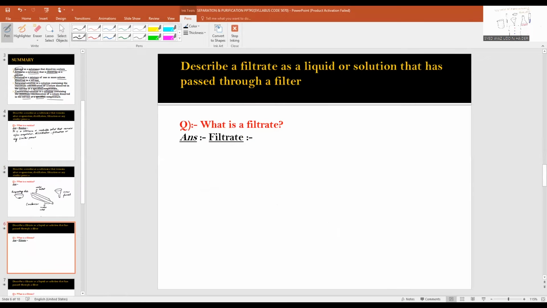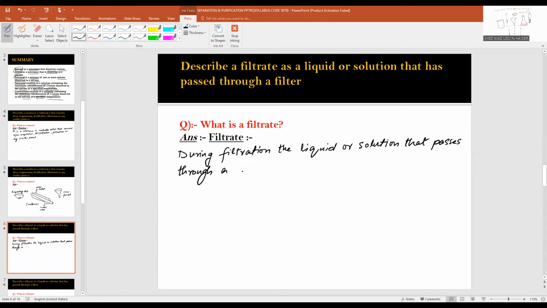Let's talk about filtrate. During filtration, the liquid or solution that passes through a filter paper or filter funnel is called filtrate.